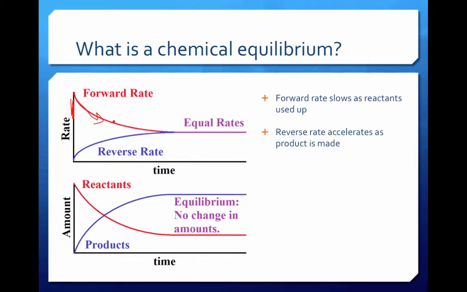At the same time as the product's being formed, the reverse reaction starts to speed up again, and we get more and more of that reverse reaction. And eventually, both of these end up meeting in the middle. When those forward and reverse rates are equal to one another, that's when we've reached what we would call equilibrium. We can also see this not in terms of just rates, but also amounts of product and reactant formed.